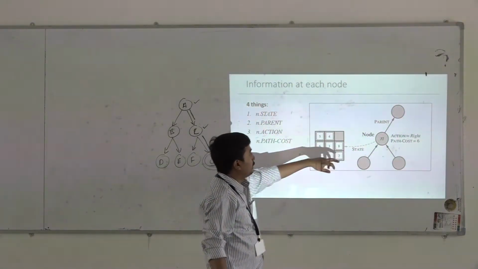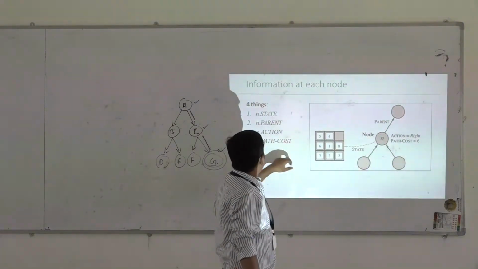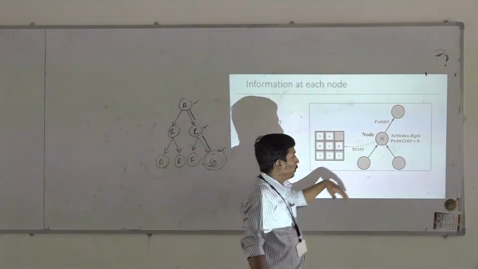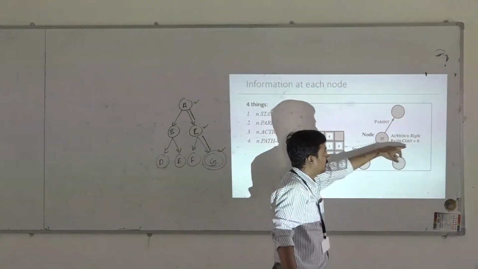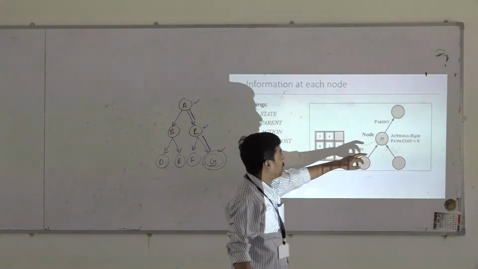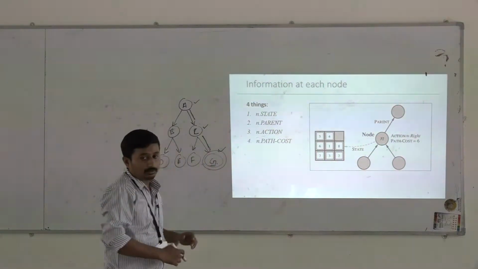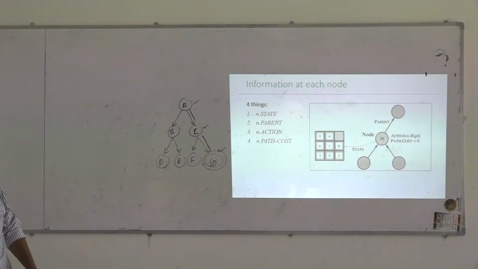This is the parent of node n. Which action did you apply on the parent to reach node n? And what is the path cost of this n? For this example, path cost is 6, and you have applied the right operation on its parent. This much information is required at every node in the search tree.